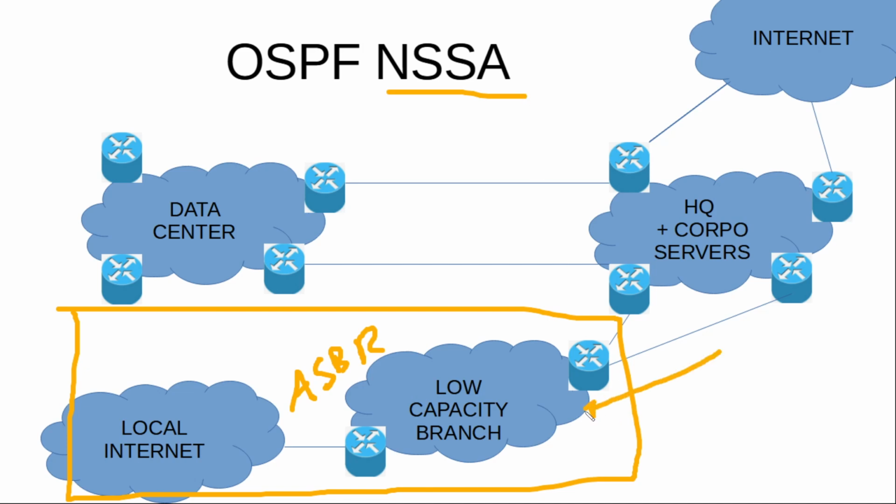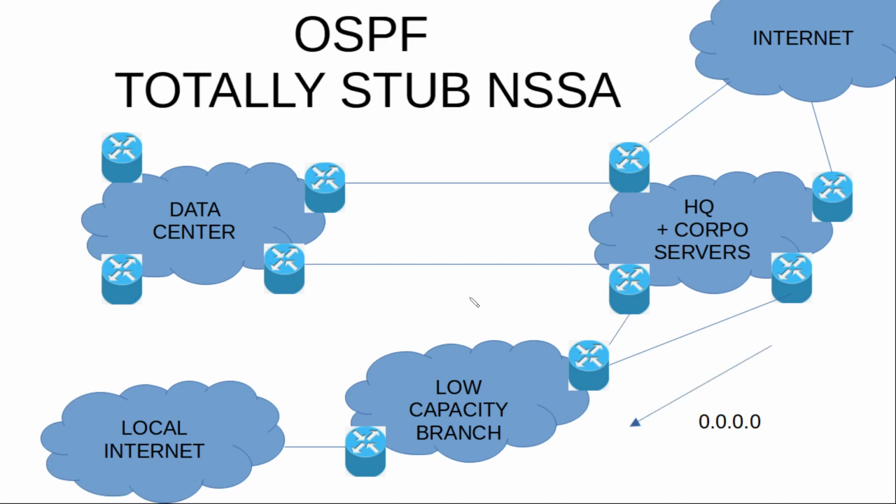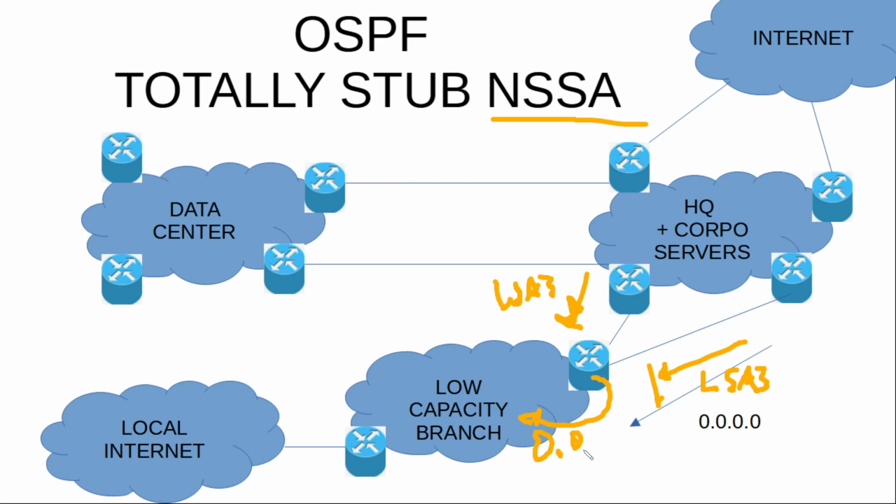We are still going to allow LSAs number 3 to enter our STUB area. And let's go even further and have now our not so stubby area filter LSAs number 3 from entering, and then injecting only a default route for reaching the OSPF domain.